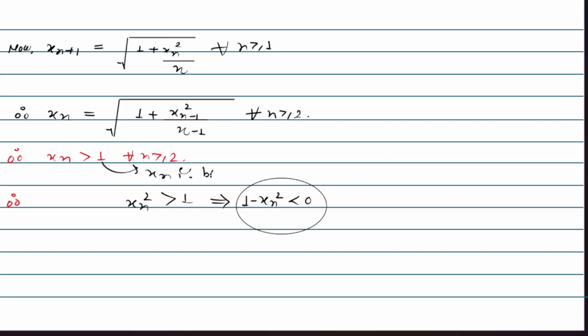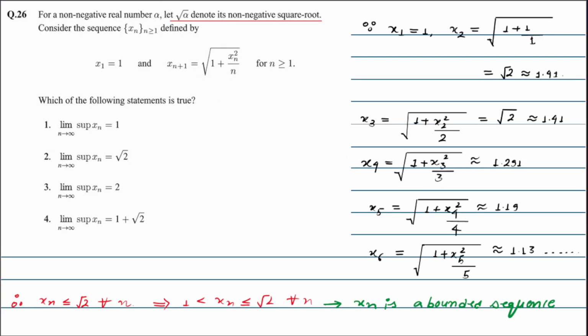From here I can also say that xn is bounded below and above also. Therefore xn is a bounded sequence.